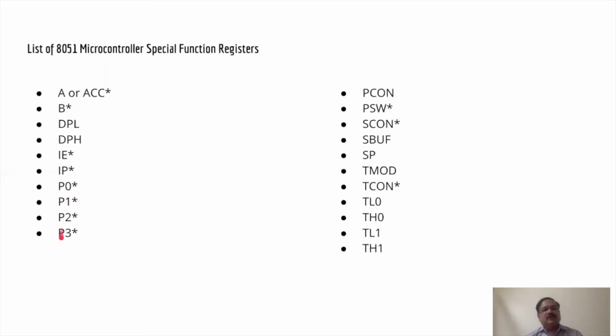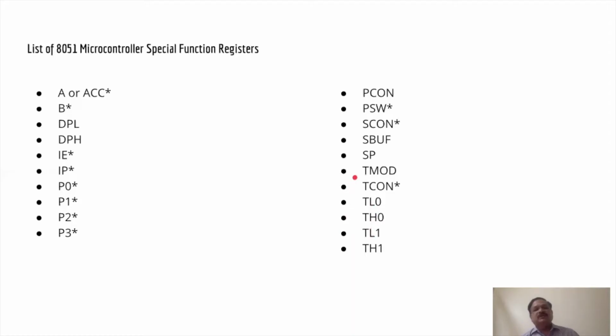Then these four are for ports, parallel ports, port 0, 1, 2, and 3, four parallel ports. Then these are the timer registers, to load the count in those. Let us say TL1 and TH1 used for timer 1, loading the lower byte and higher byte of the count. Then TH0 and TL0 for timer 0, right? Higher and lower byte count. So two 16-bit timer counters.